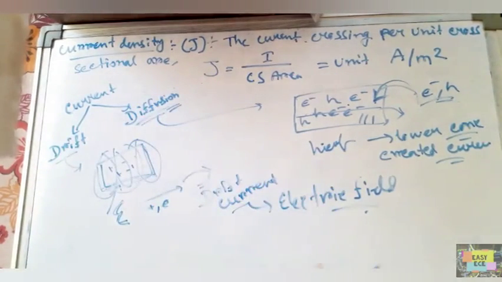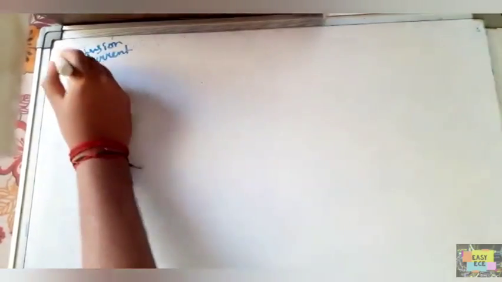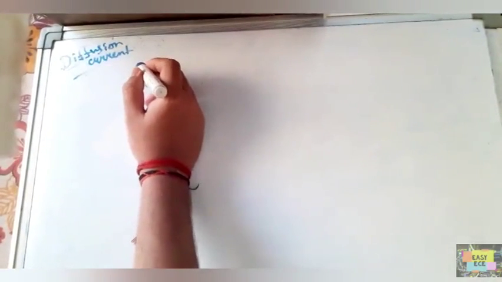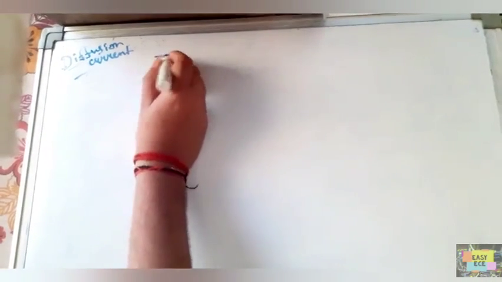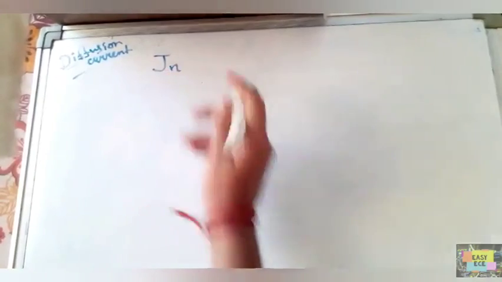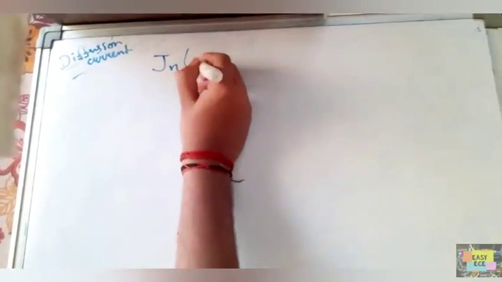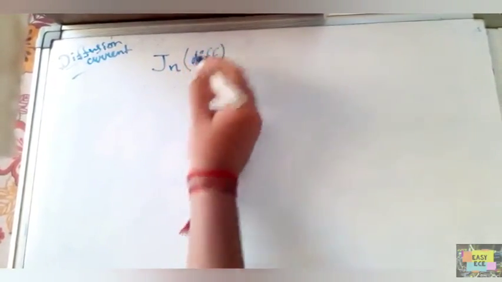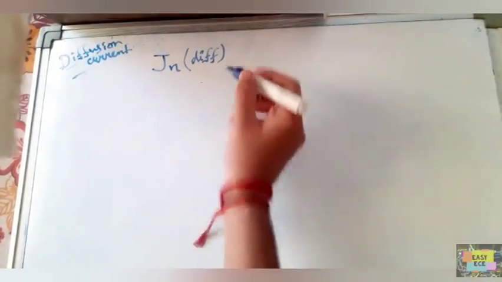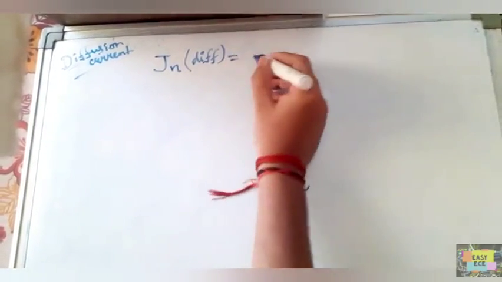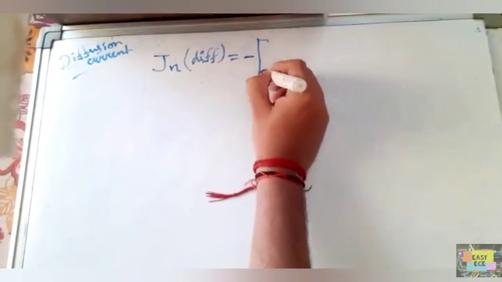Now let's discuss the equations of diffusion current and drift current. In diffusion current, the current density for electrons, Jn diffusion, the diffusion current density of electrons, equals obviously negative. Why negative?